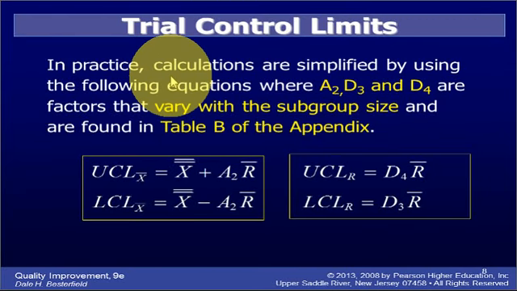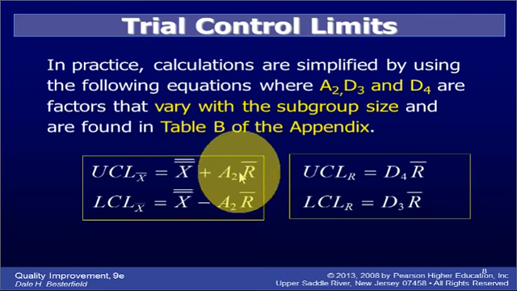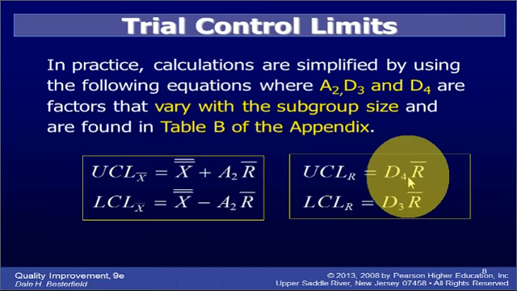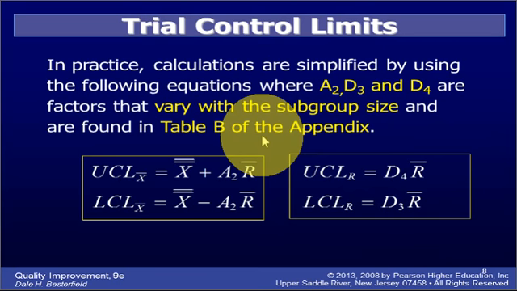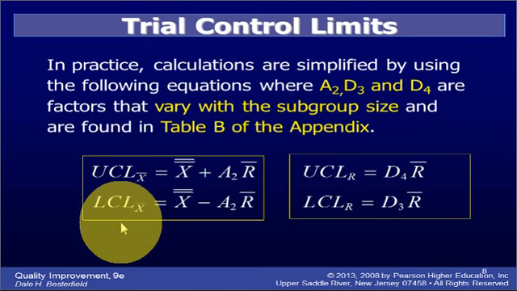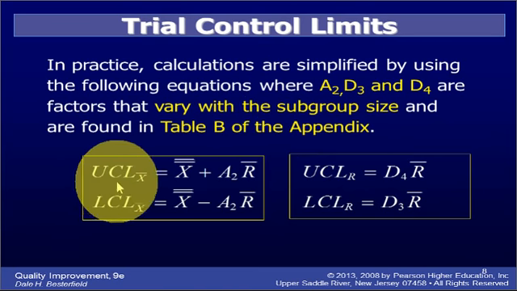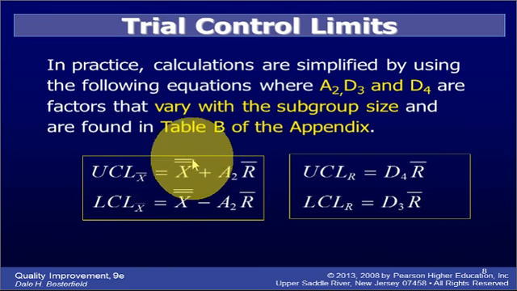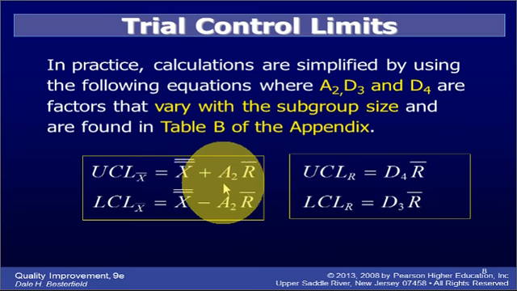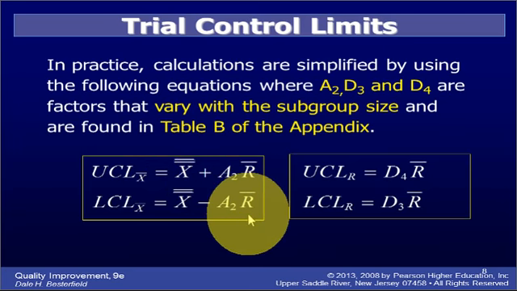So in practice, calculations are simplified by using the following equations, where A2, D3, and D4 are factors that vary with the subgroup size and are found in Table B of the appendix. You can see that the upper control limit and lower control limit of X bar are defined as the X double bar plus and minus a multiple of the mean of range, the average of range, sorry.